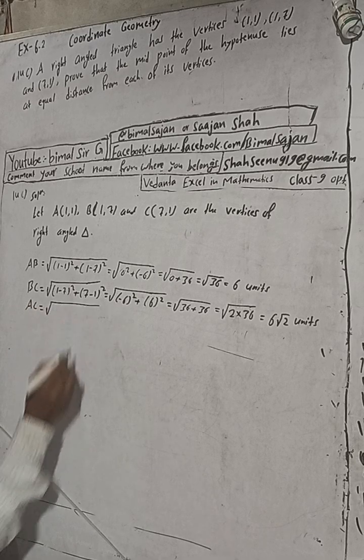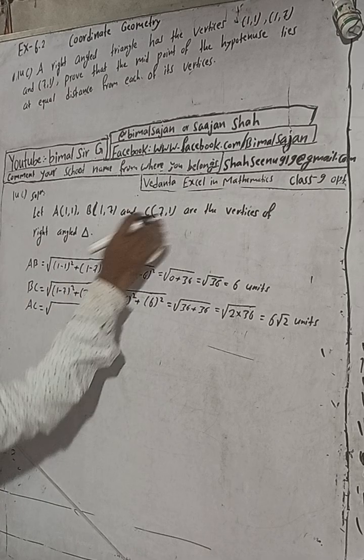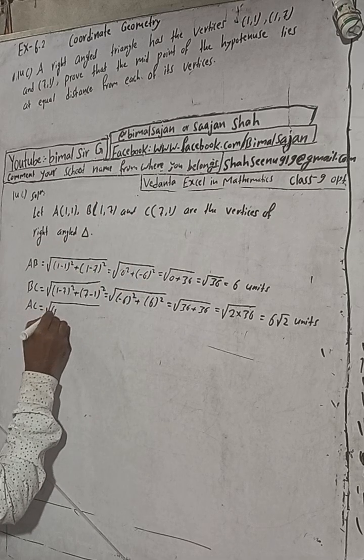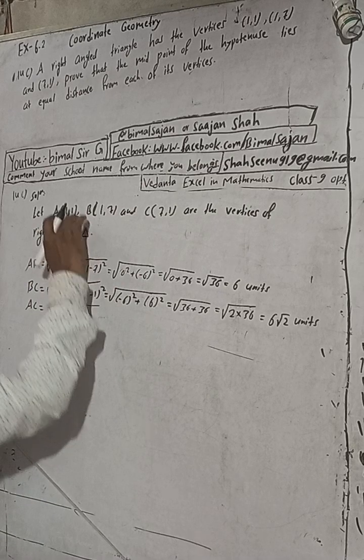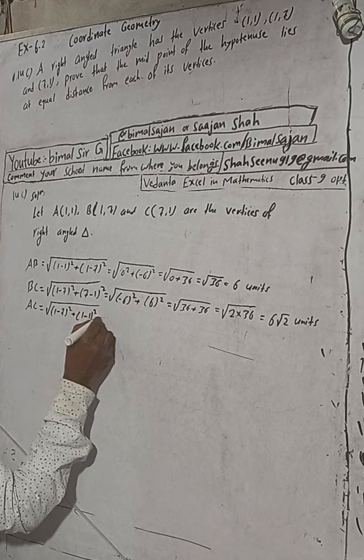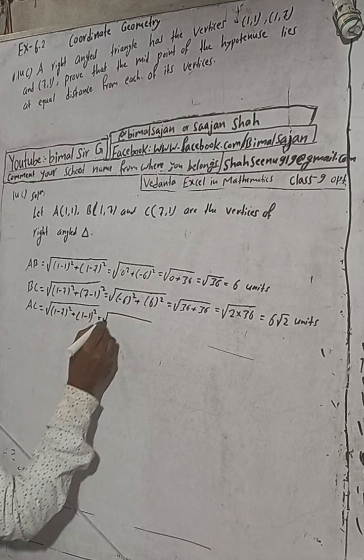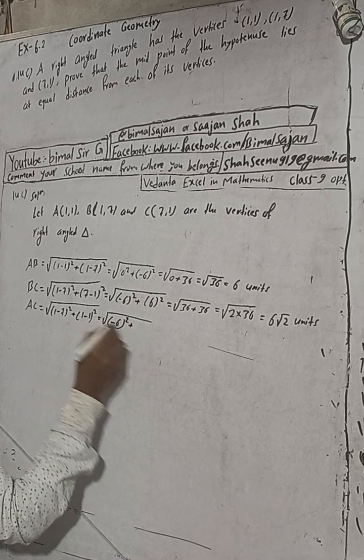AC means (1 minus 7) whole square plus (1 minus 1) whole square. 1 minus 7 is minus 6 whole square plus 1 minus 1, 0 square.